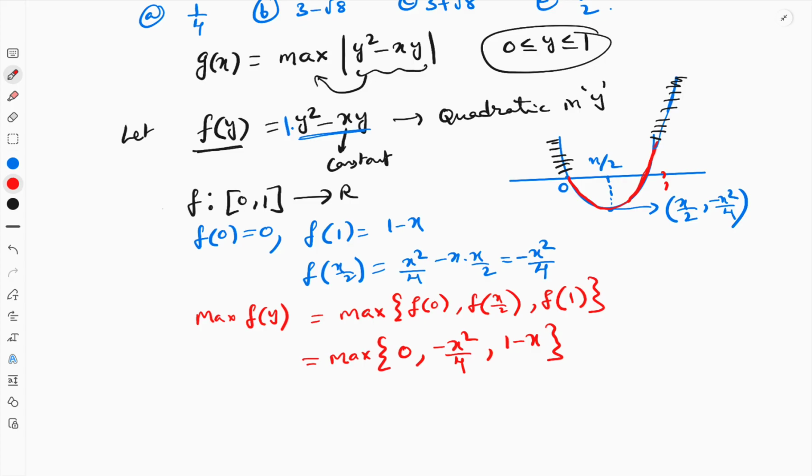We have to look into that according to the value of x. Now when you talk about g of x, g of x is equal to the maximum of this y square minus xy.